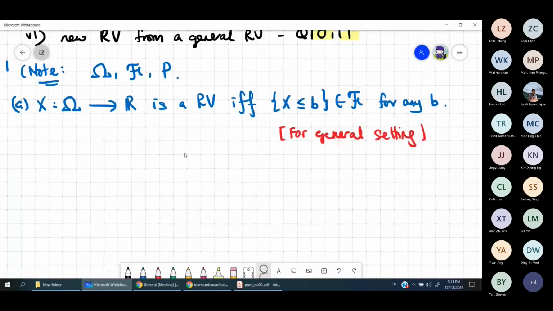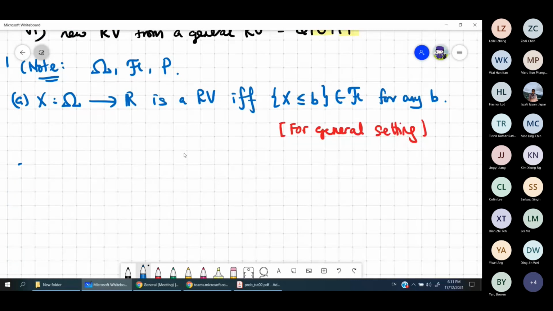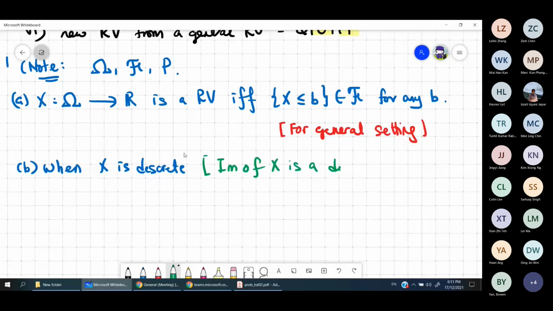So in particular, if we have the discrete case, when X is discrete. So what does it mean? So meaning that the image of X is a discrete set. So in this case, we have a relatively simple criterion to test whether it is a random variable or not.